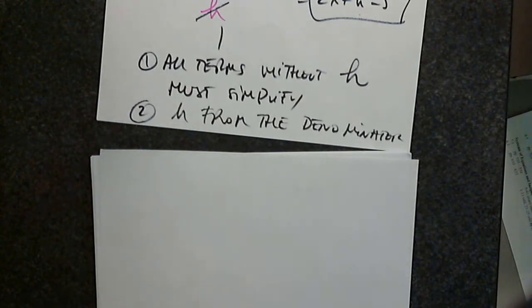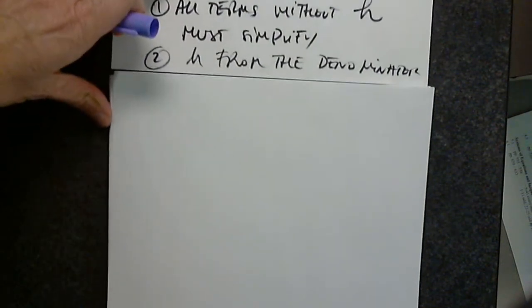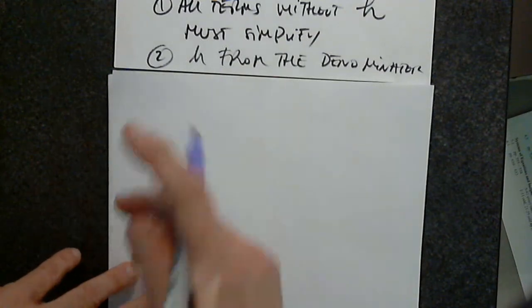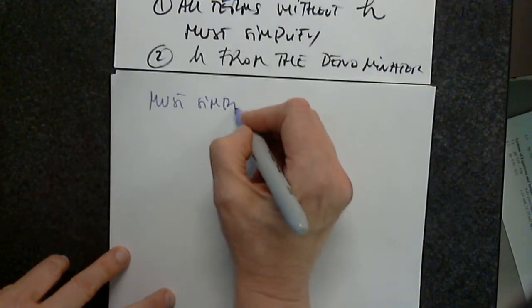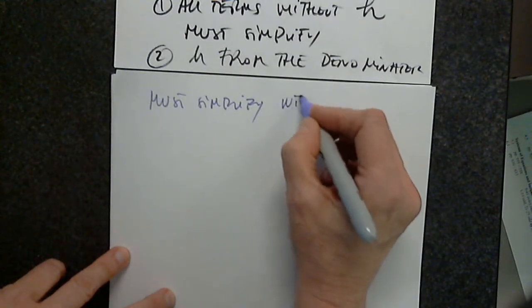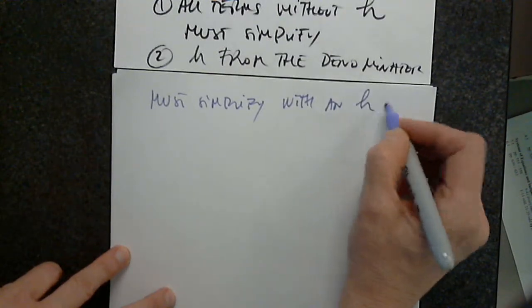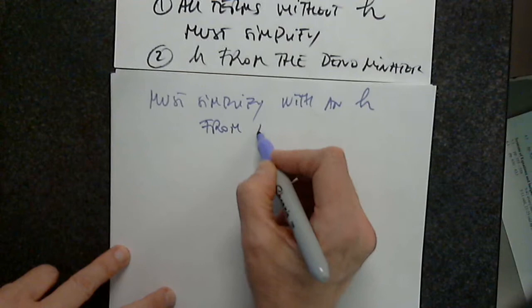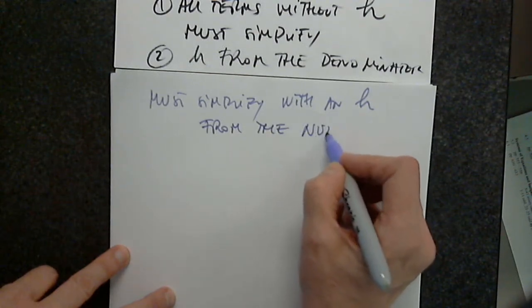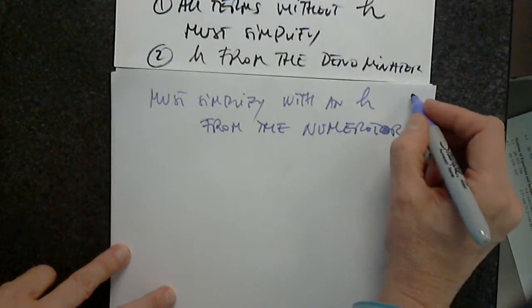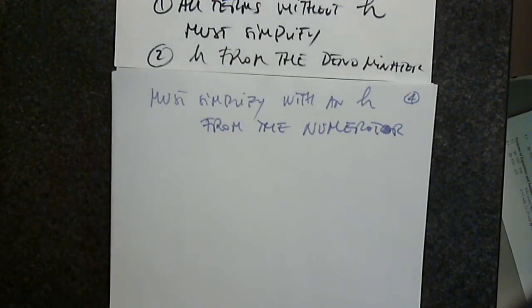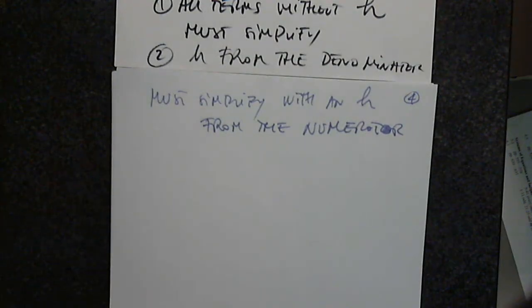And number two, h from the denominator must simplify as well with an h from the top, from the numerator. As a factor, must be a factor. You cannot just simplify it inside a term. Must be a factor. Okay, that's all I had to say about this section.